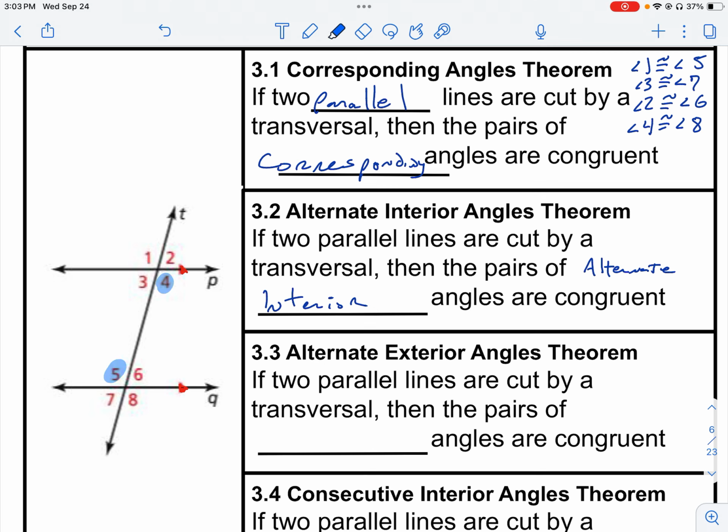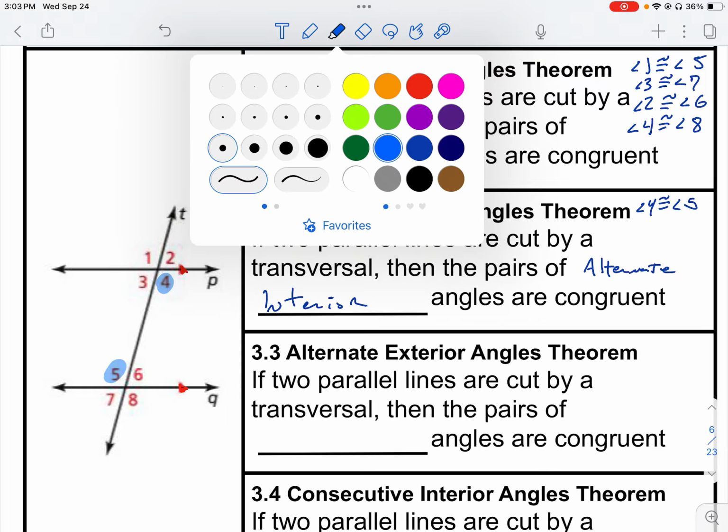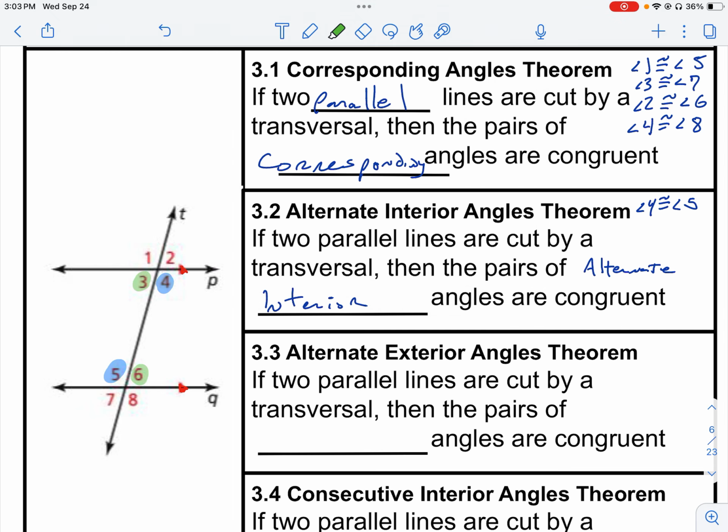We remember that alternate, they're on the interior of the two lines and they alternate sides of the transversal. So we have angle 4 is congruent to angle 5. And we got angle 3 is congruent to angle 6. The alternate interior angles are congruent.